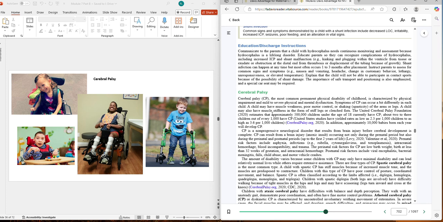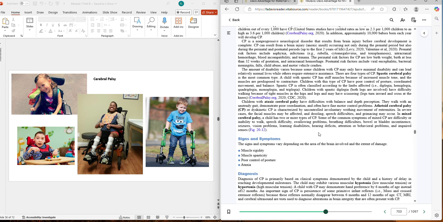Sometimes it's caused right before birth. They can have a stroke in utero, but about 10,000 babies are born each year, and they'll develop CP, okay? I want you to read through that and just understand the different types.